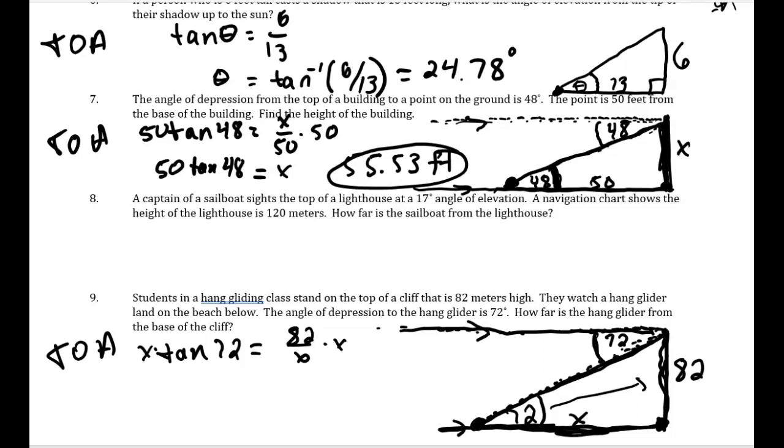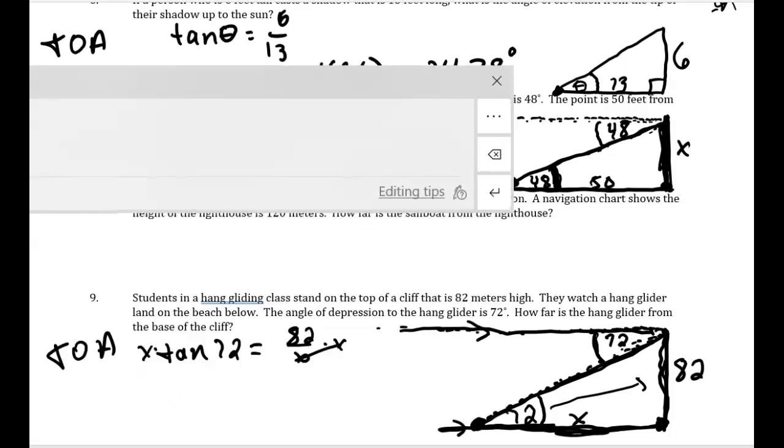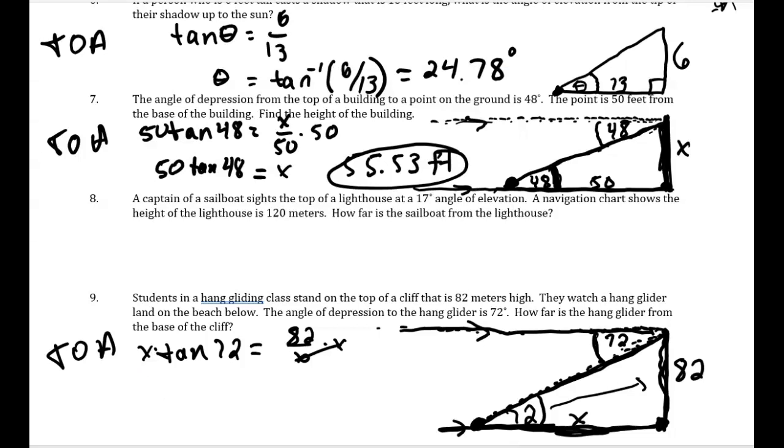Multiply both sides by x. Well, let me not skip too many steps here. So our next thing we have is x times the tangent of 72 is equal to 82. We then have to divide by the tangent of 72 to get x by itself.